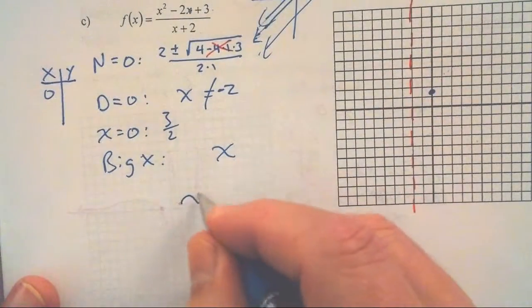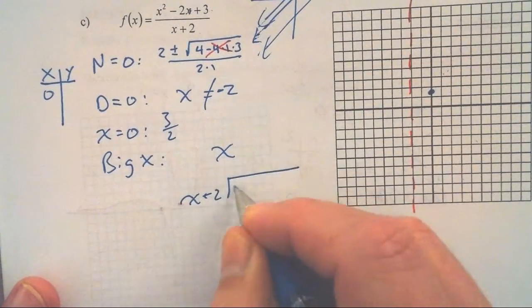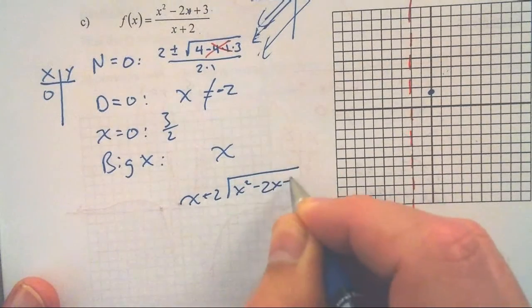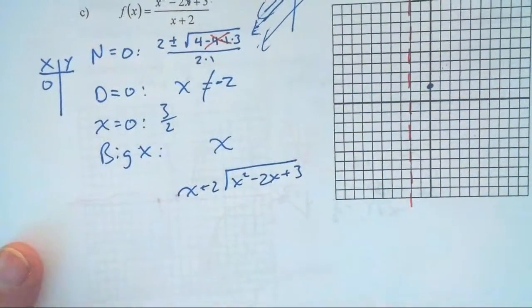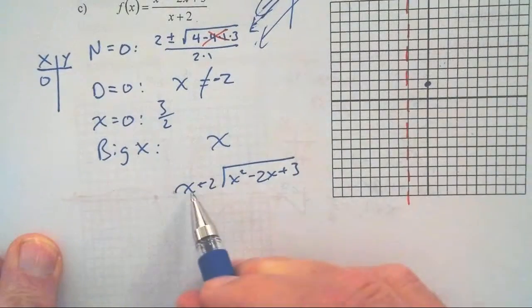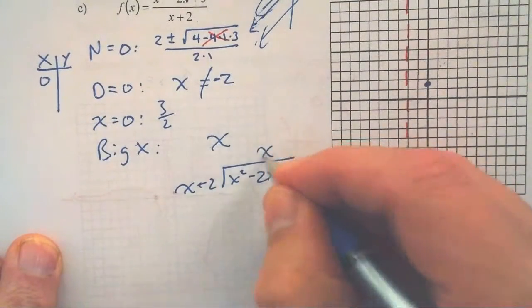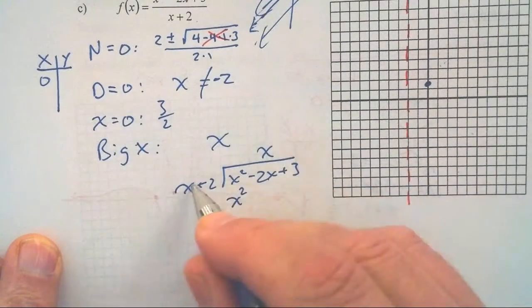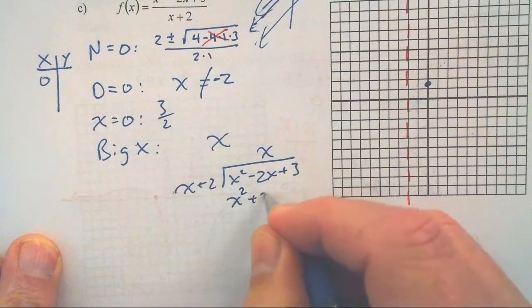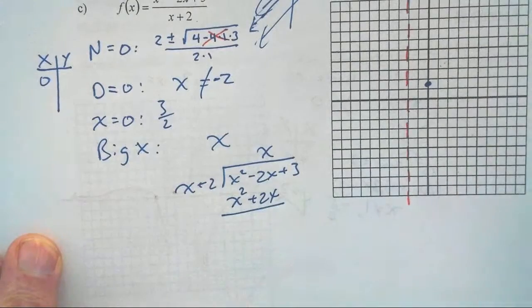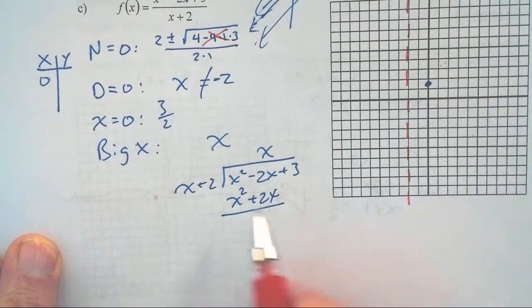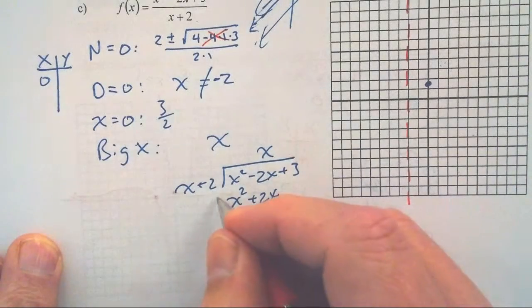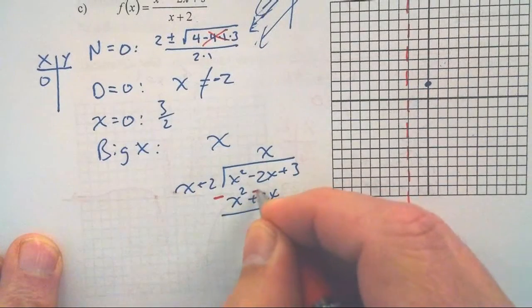So I'm going to long divide x plus 2 into x squared minus 2x plus 3. And x goes into x squared x times. Gives me x squared plus 2x. What do? Subtract.